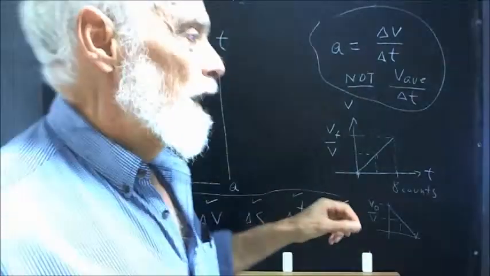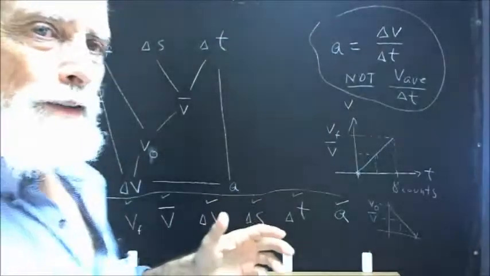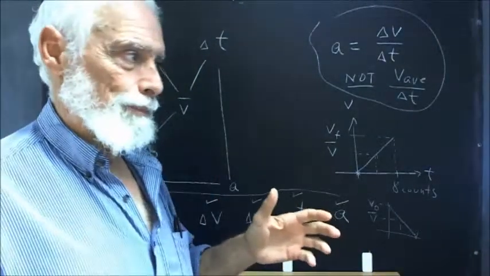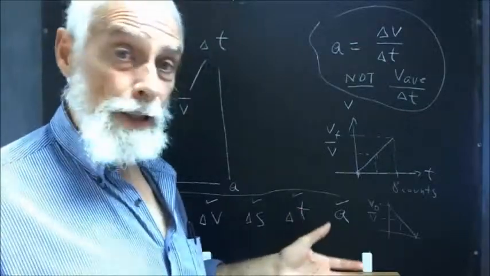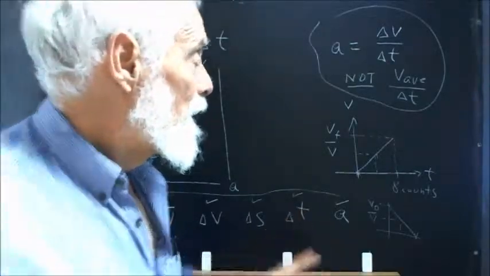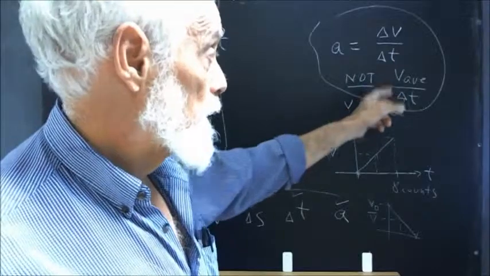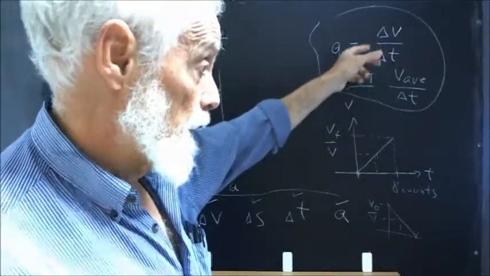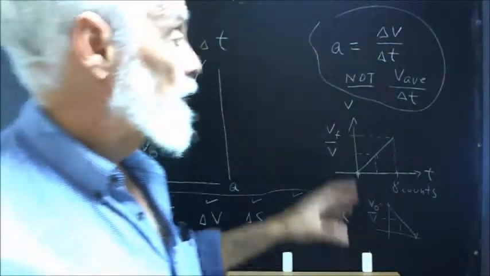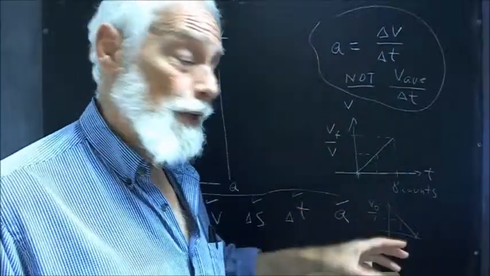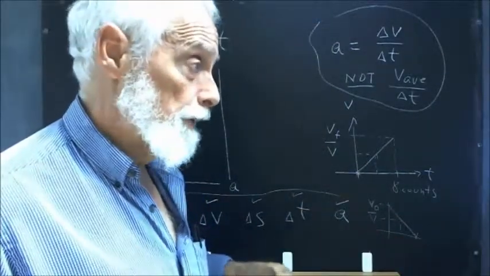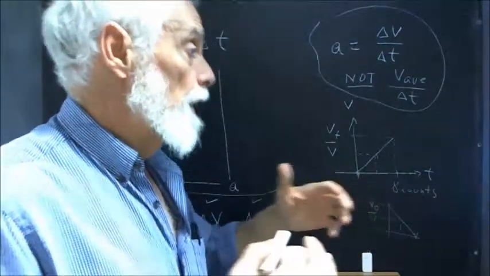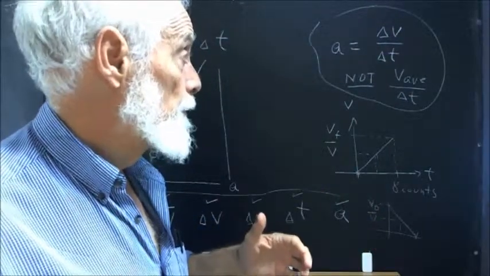Okay? However, if you're doing the thing that we really don't want you to do, and that is grabbing formulas because they seem like they might work, it's real easy to grab that one because it looks so much and feels so much like this one. If you go back to the definition, what's the definition of average acceleration? Average rate of change of velocity with respect to clock time, and that's change in velocity divided by change in clock time.